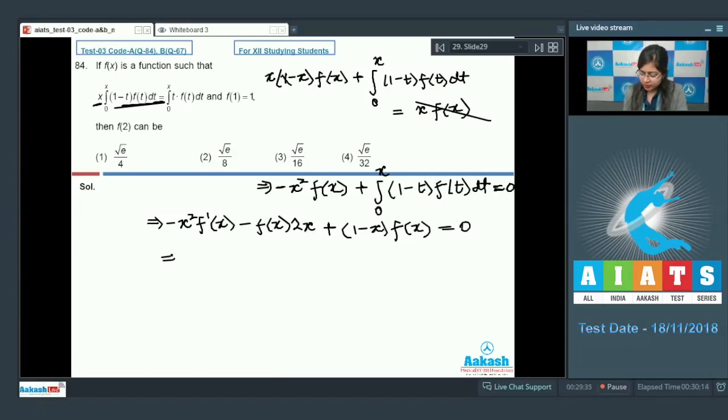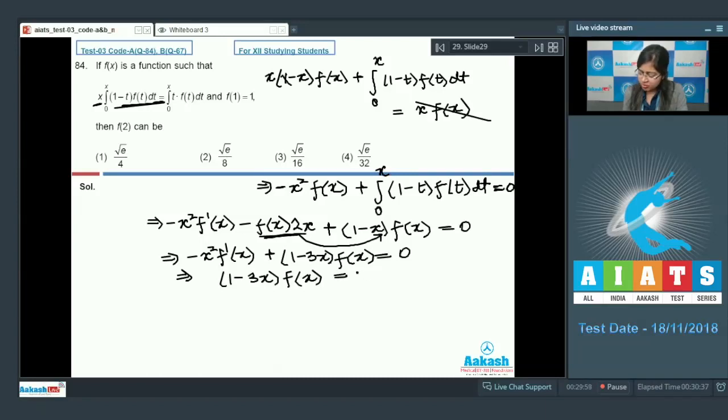So from here we get minus x square into f dash x, incorporating this term into the third term, we will get (1 minus 3x) into f(x) equal to 0. Now it can be rearranged as (1 minus 3x) into f(x) equal to x square into f dash x.